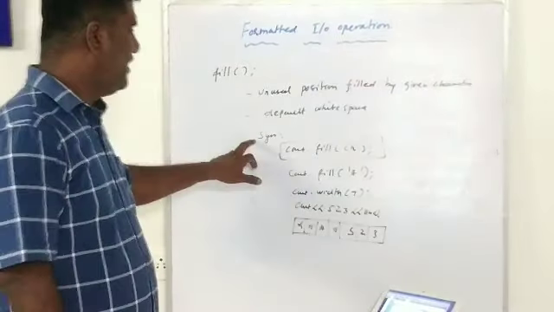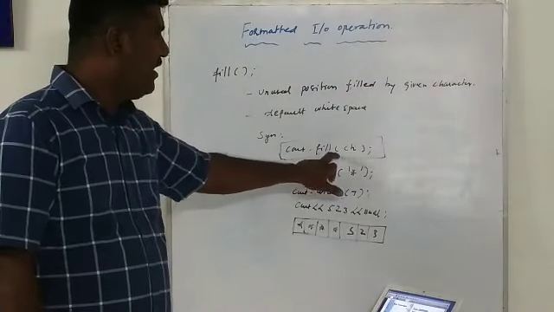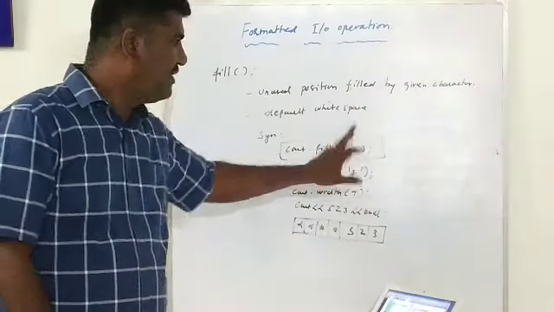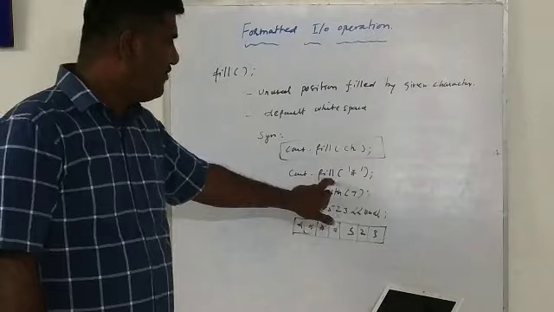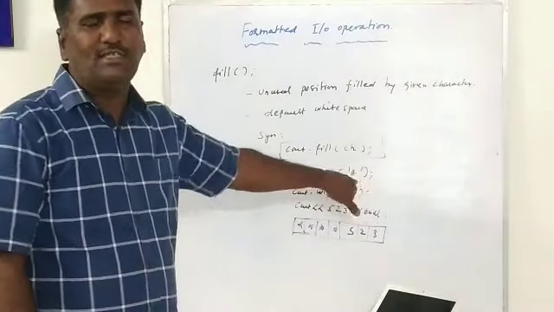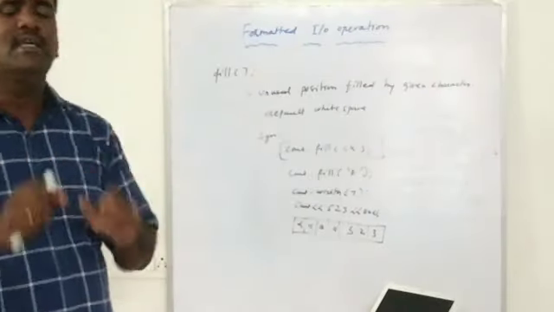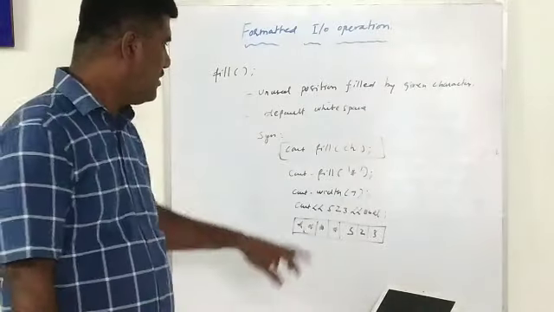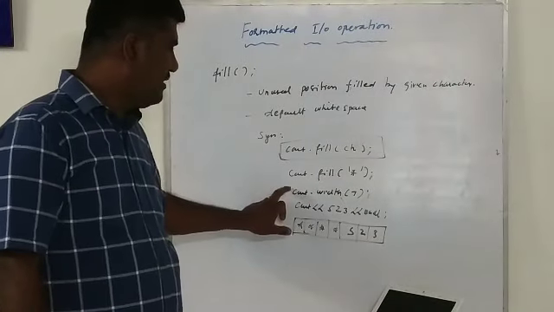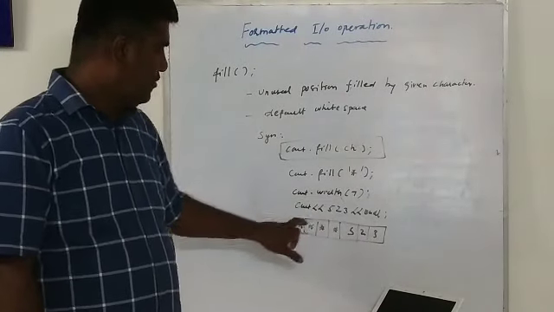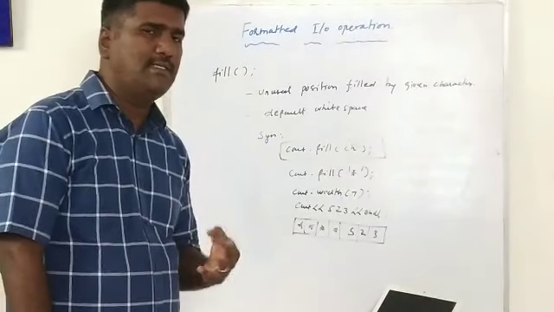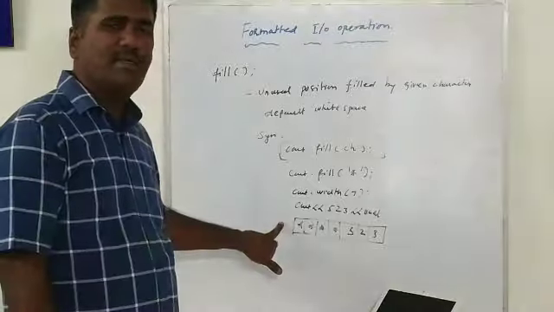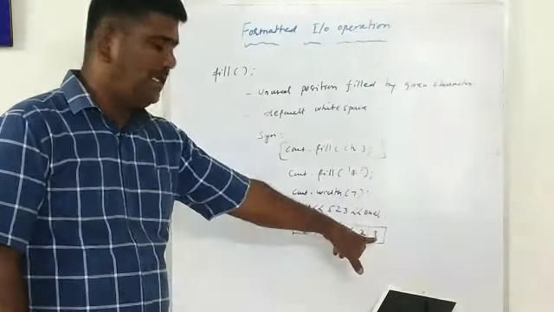Okay, the syntax of fill: cout dot fill of ch, suppose any one of the characters. Here I give cout dot fill star. This is a character constant, so you put the character value in single quotes. Then you fix the width as 7 and present the value 523.